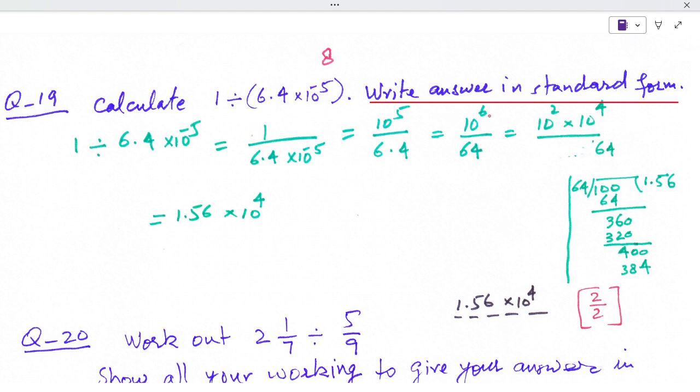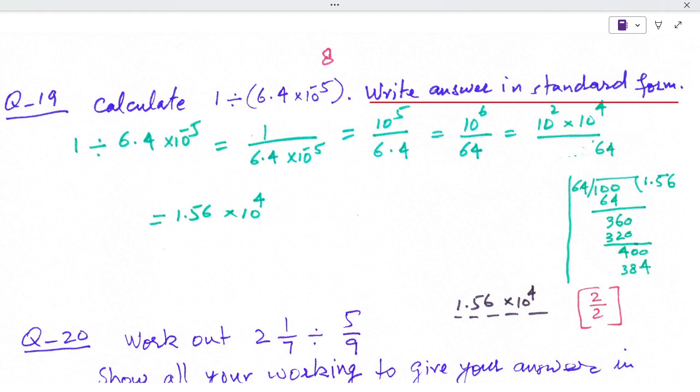Now, if we are not to use the calculator, then the first step will be that we take the division value in the denominator. If the power is negative in the denominator, it will become positive in the numerator, that is 10 power 5 divided by 6.4. It has been reduced to a simpler form.